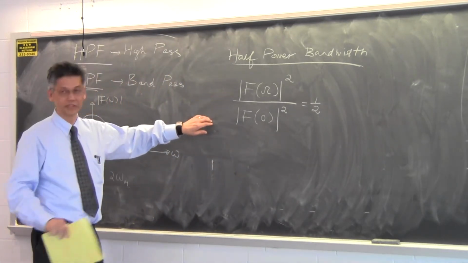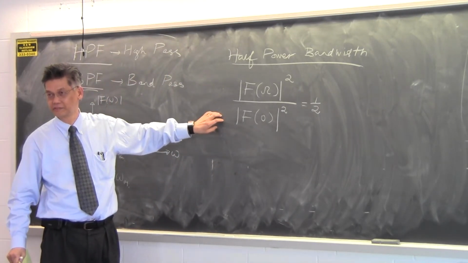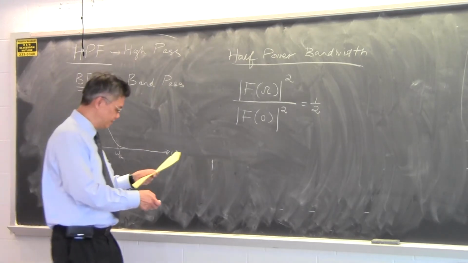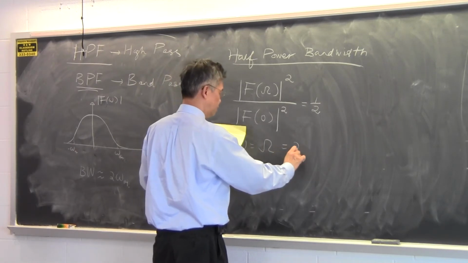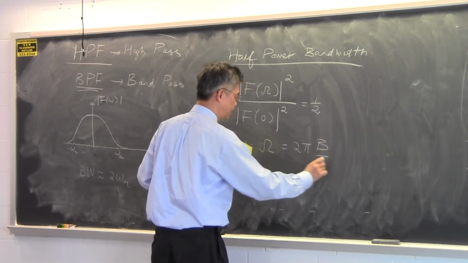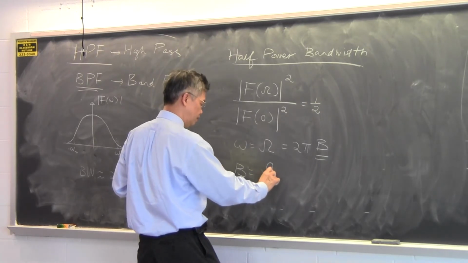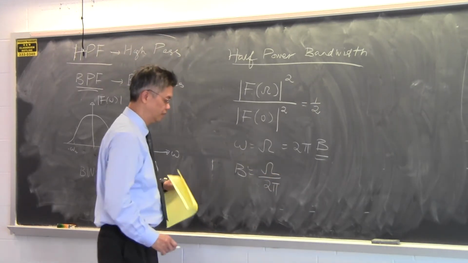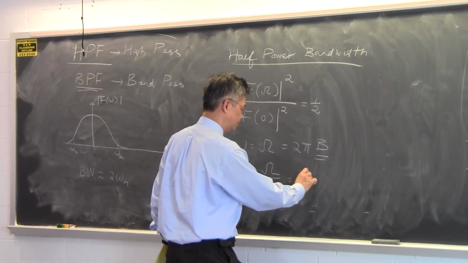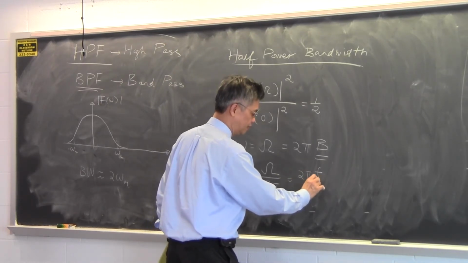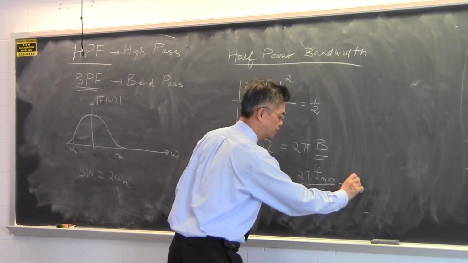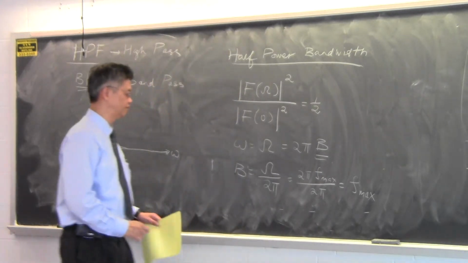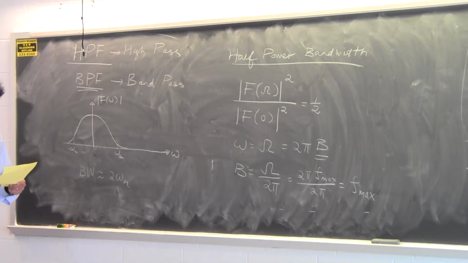Okay, the value drops to half, which means that the power has dropped to half. Okay, then the bandwidth is defined to be omega equal to 2 pi B, and B defines the bandwidth. So B is equal to omega over 2 pi. Okay, omega is equal to 2 pi, maybe f max or something, over 2 pi. So the bandwidth is defined to be f max according to what I have over here. Okay?